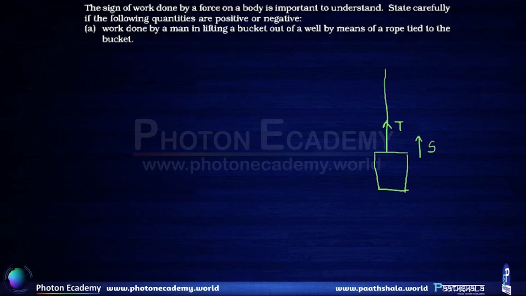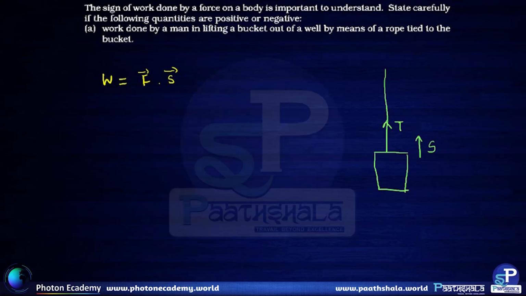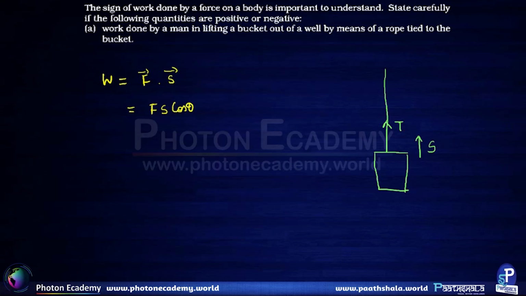So we know that work done is equal to force dot displacement vector. So we can write this as F s cos theta. Here theta is the angle between the force vector and the displacement vector. In this situation, the tension acting is in the direction of displacement. Therefore theta is equal to 0 degrees.